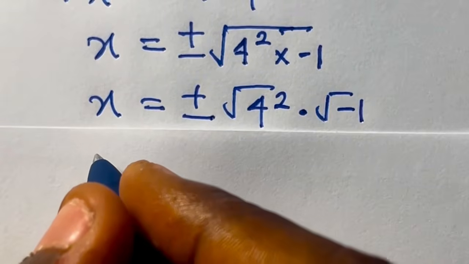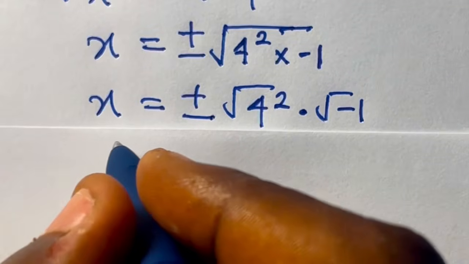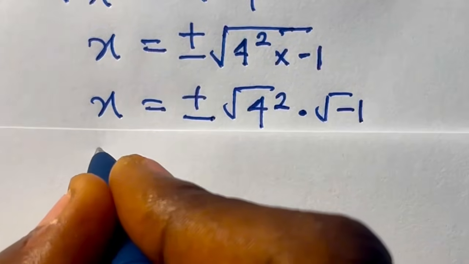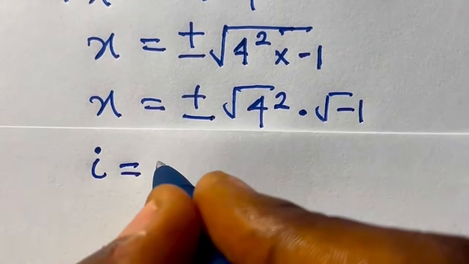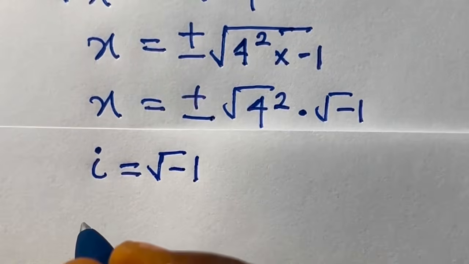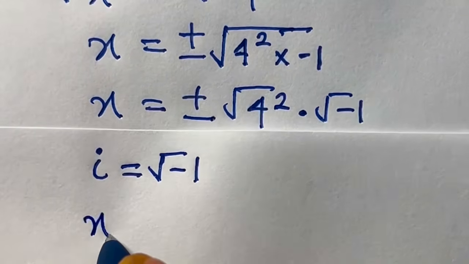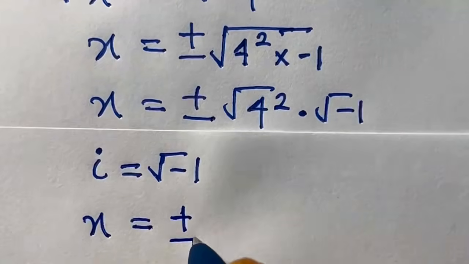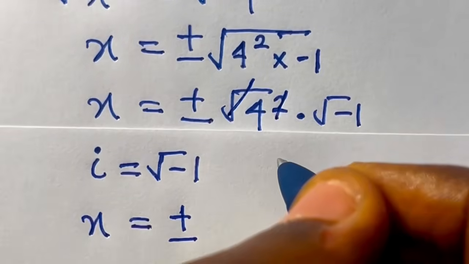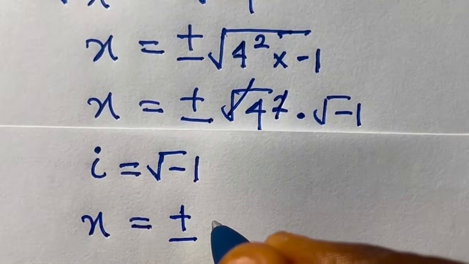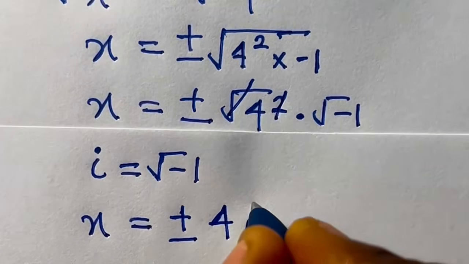Let's recall that i equals square root of minus 1. This implies that x equals plus or minus, we cancel the square root, so we have 4 times i.